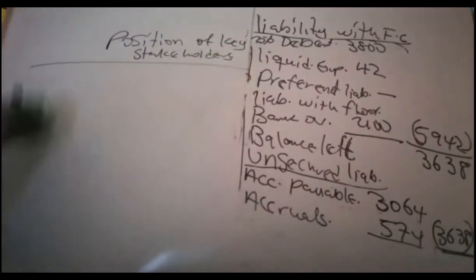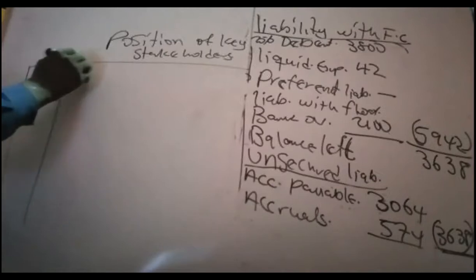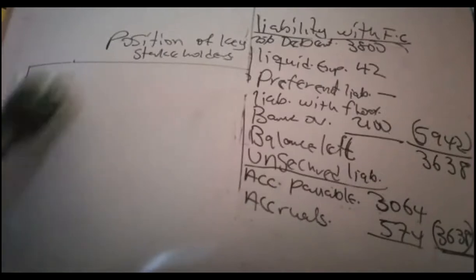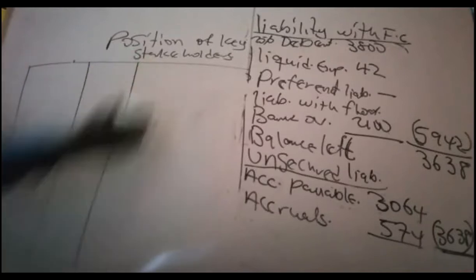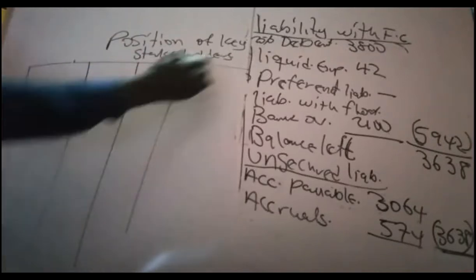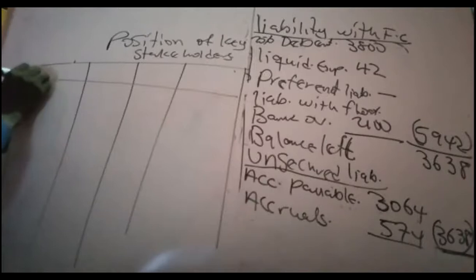So you write the stakeholder here, you write the position before, your position after, and the loss per liquidation. You are done. So that is it.